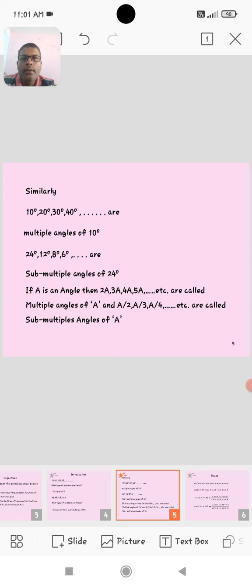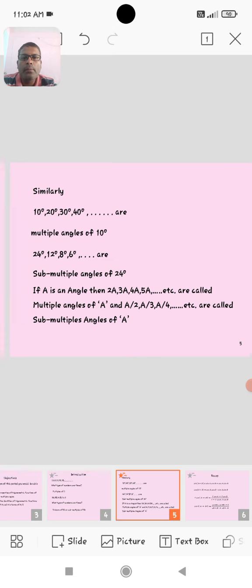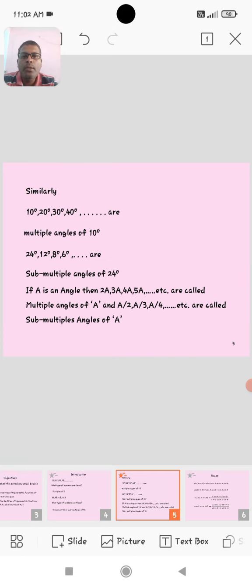How can we define a multiple angle? If A is an angle, then 2A, 3A, 4A, 5A are called multiple angles of A, and A by 2, A by 3, A by 4, and so on are called submultiple angles of A.